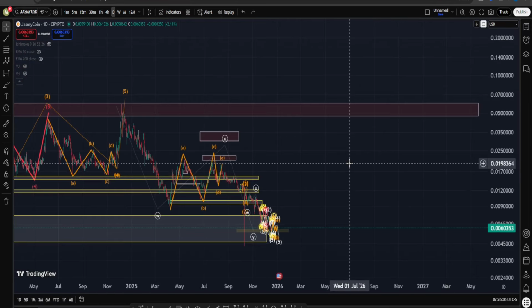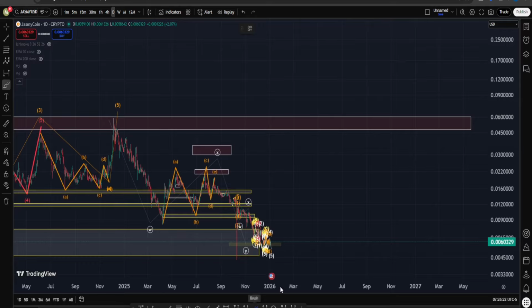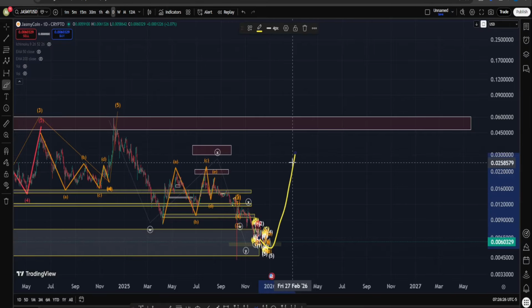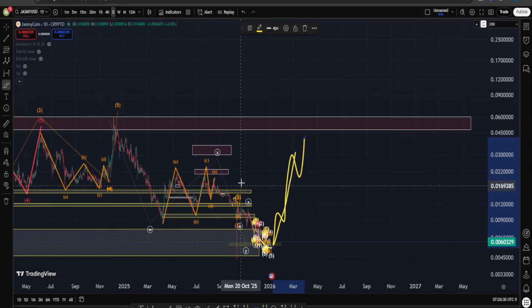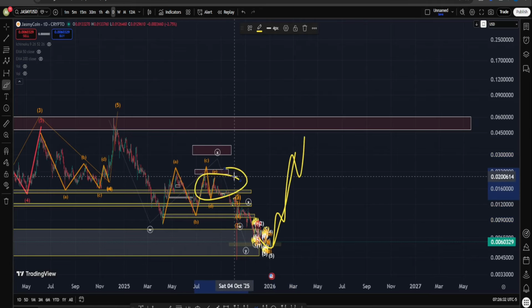Now, if you just want to come back when JASMY is confirmed to be bullish, then okay, I would like to suggest for the next, I would say bare minimum 4 to 6 months, stay away from JASMY Coin's chart. And the best time to be optimistic with much more confidence in the midterm is when we get a very strong bounce back in the form of, you know it, a 1 2 3 4 5 in order to take these highs right in here, about 2 cents area.